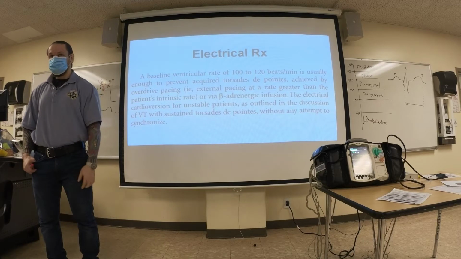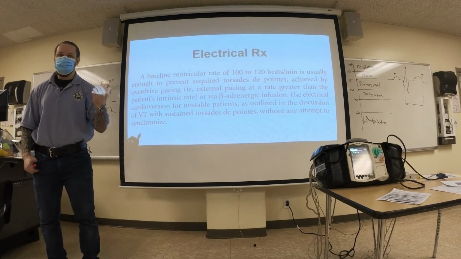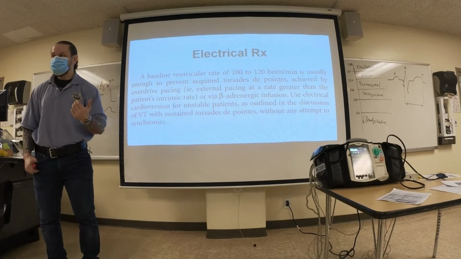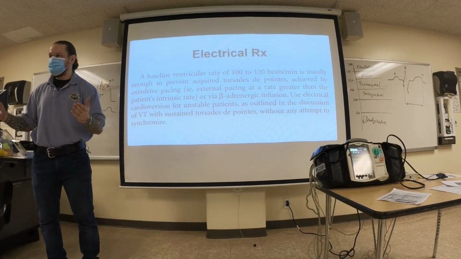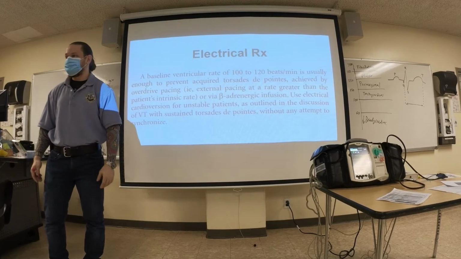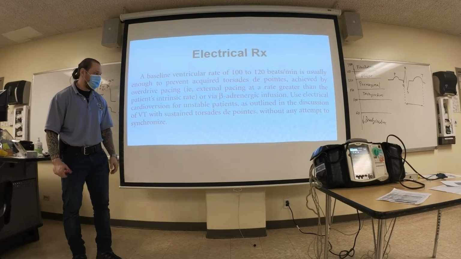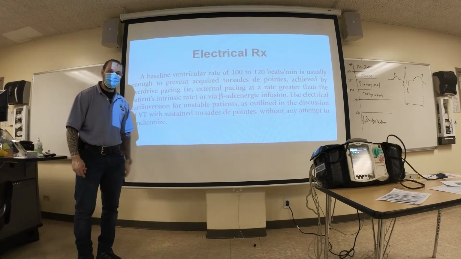When the heart rate is faster, it shortens the QT. Excellent, exactly. If you have a patient who has significant bradycardia, and you start override pacing them, you will shorten their QT interval, less chance of them going into torsades. And the other thing is if they become really unstable, and they alter mental status, then we can perform synchronized cardioversion.